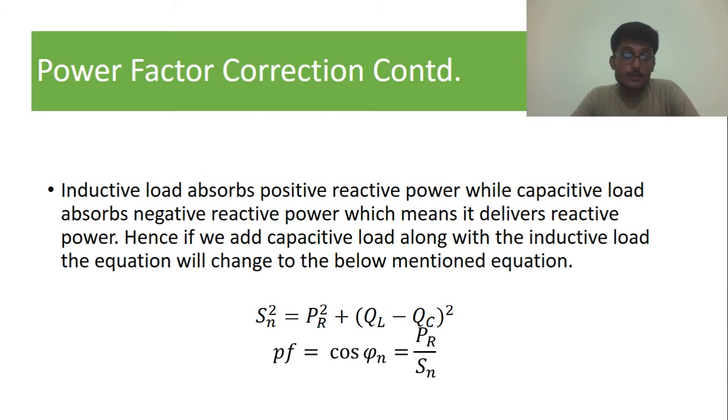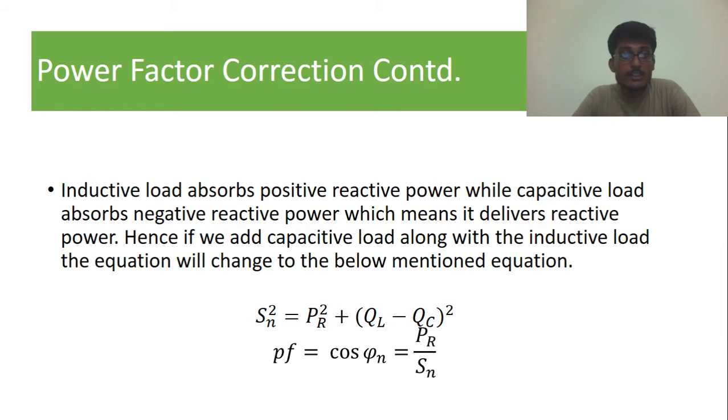Okay, so previously the reactive power which would have been supplied by the generator, now what is happening? With the introduction of the capacitive load, the capacitor is also delivering the reactive power which is being absorbed by the inductive load. So the total amount of reactive power that is being supplied by the generator is becoming less.